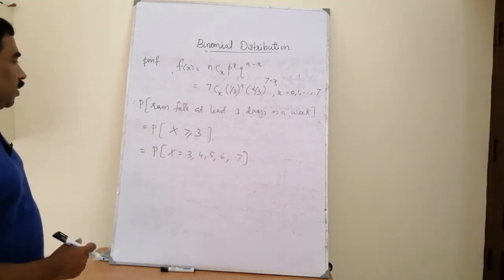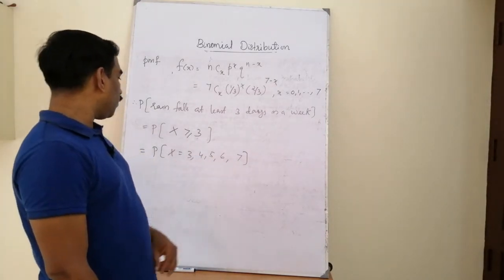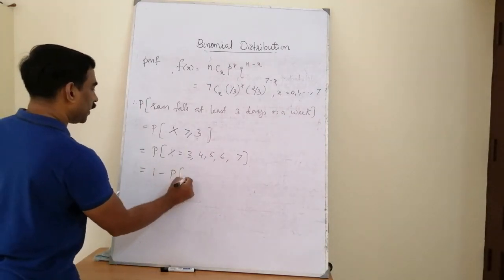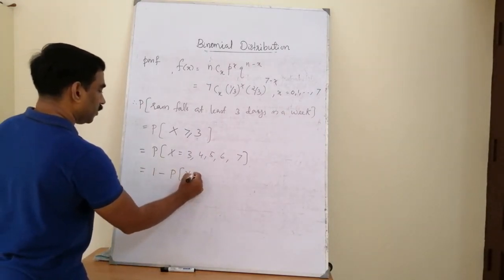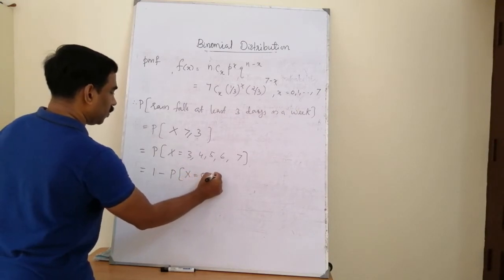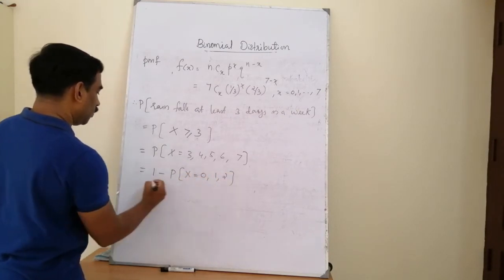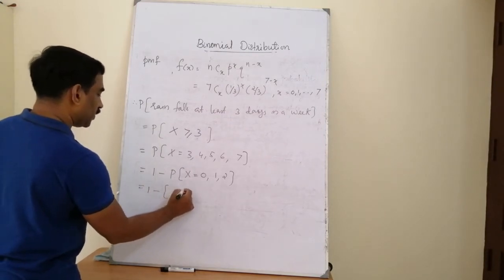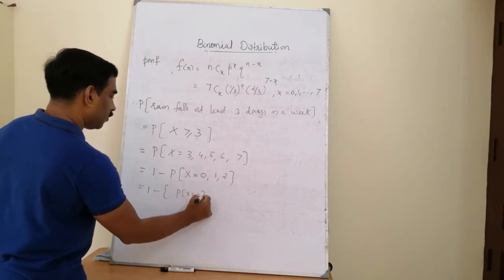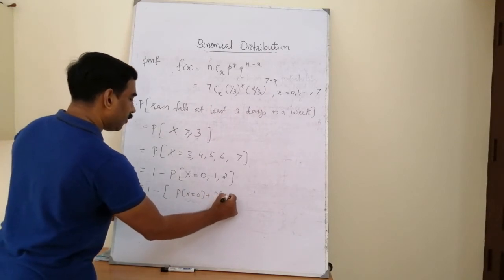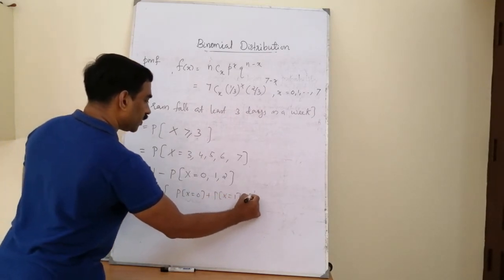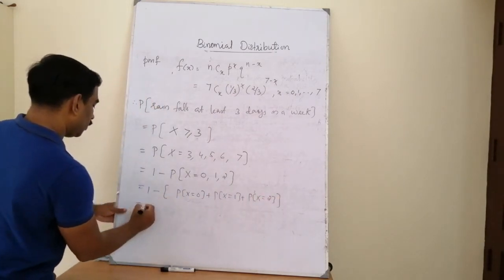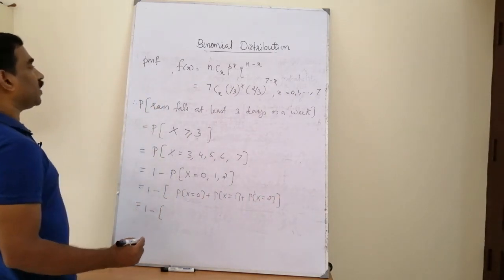Because we have 5 values, it is better to evaluate the complement, that is 1 minus the probability that X equals 0, 1 and 2. That is 1 minus of P of X equal to 0 plus P of X equal to 1 plus P of X equal to 2, which is equal to 1 minus of, what is P of X equal to 0?